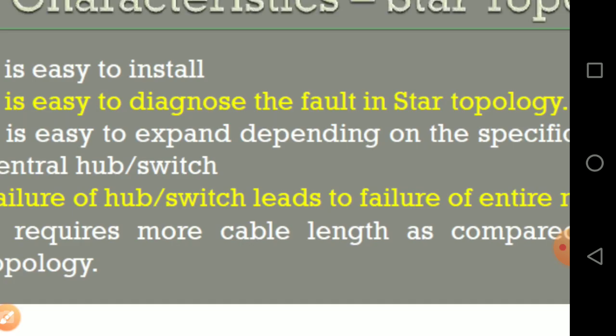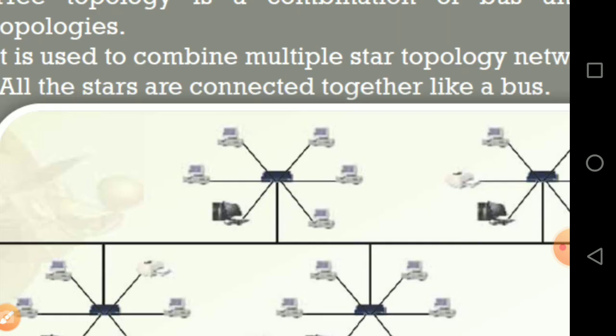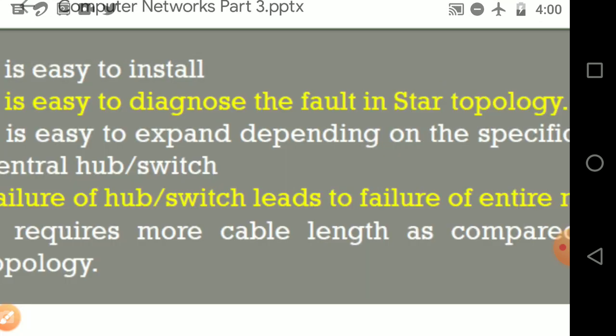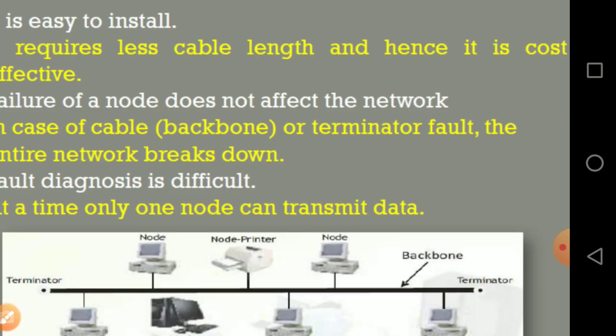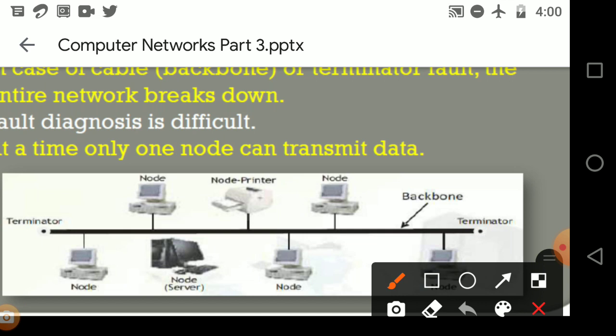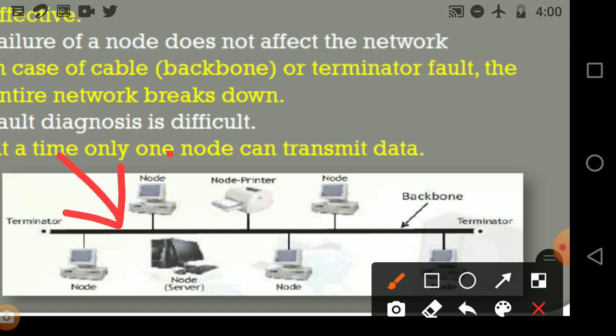You can see in this diagram that in the bus topology you have a black line. It is known as the backbone, and all the nodes are connected to this backbone.